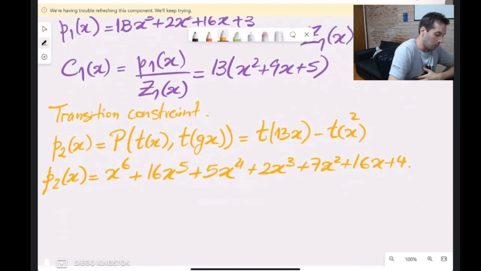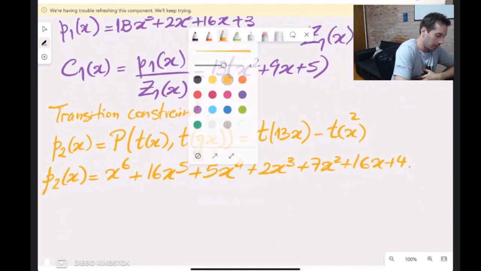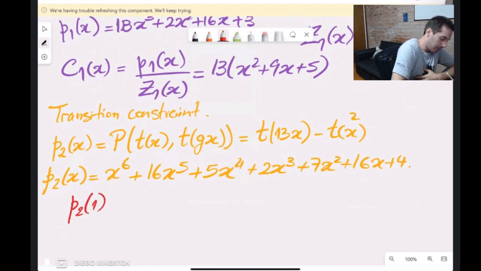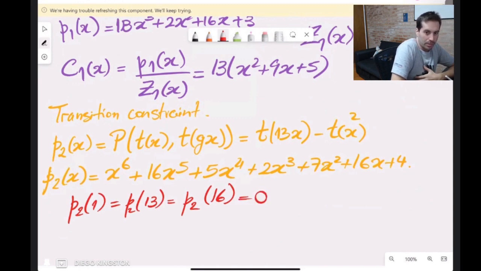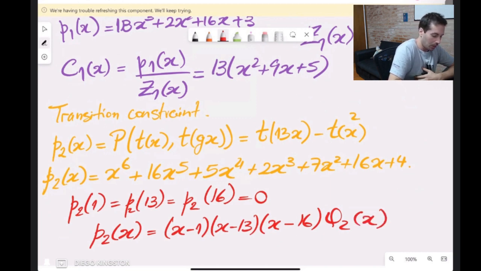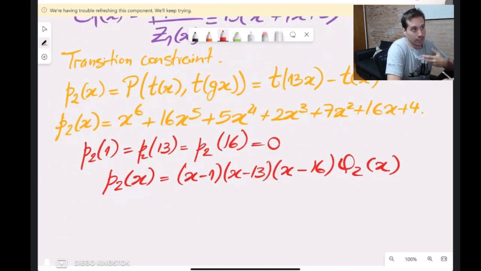And so we can check that, of course, if we do P2 of 1, this is the same as P2 of 13, and this is the same as P2 of 16, and this equals 0. So what this means is that P2 of x should be of the form x minus 1, x minus 13, x minus 16 times some other polynomial. So what we will do is the same as before.